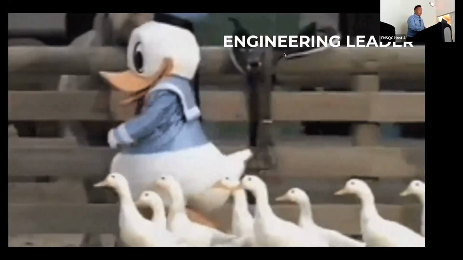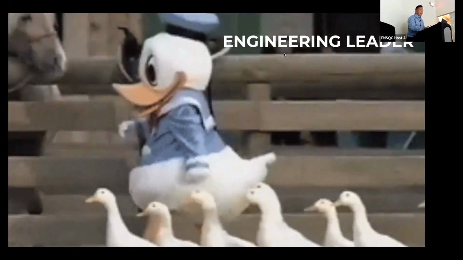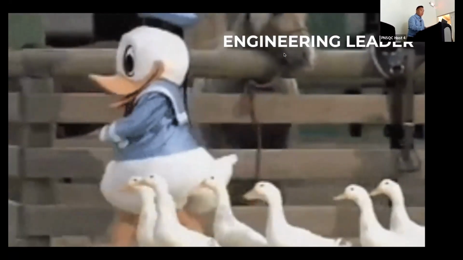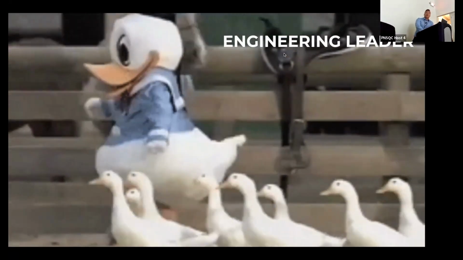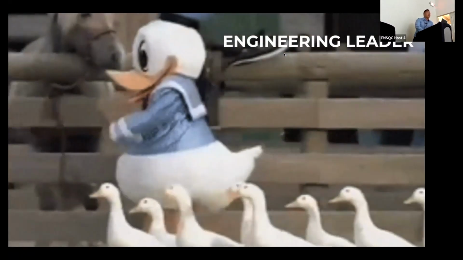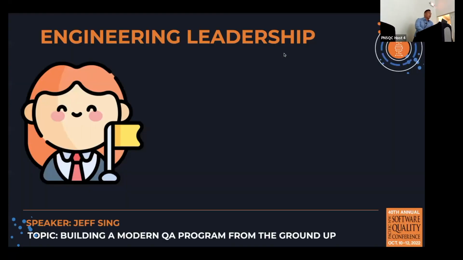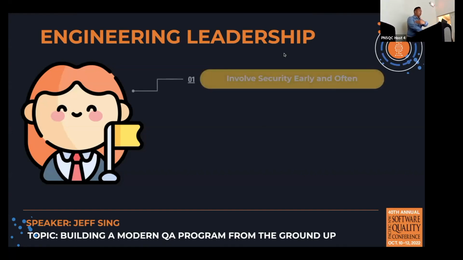All right, the last one I bring up is engineering leader. You've got to remember, in this role, you're the first leader for this org, and there are things you need to think about. One I have to bring up is involve security early and often.